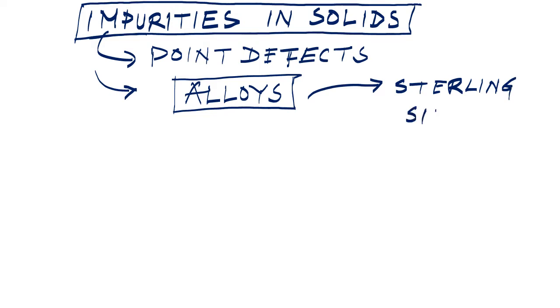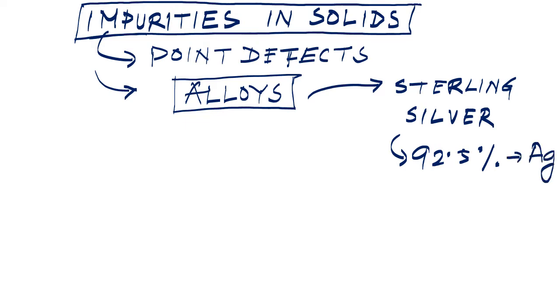Sterling silver has 92.5% silver, and the rest, 7.5%, is copper.